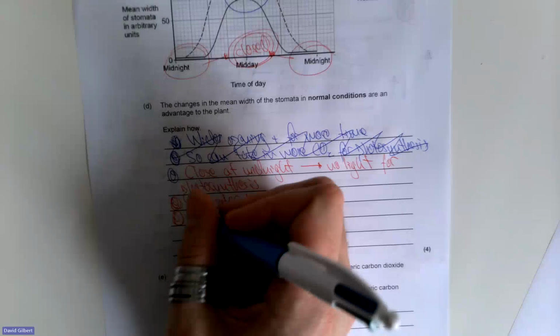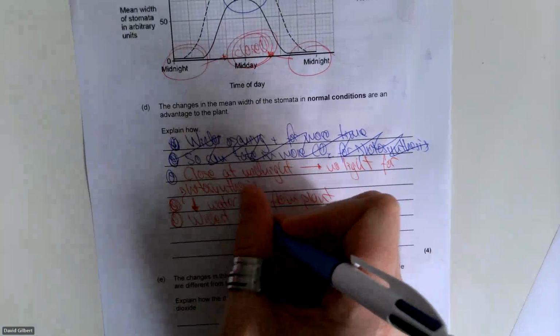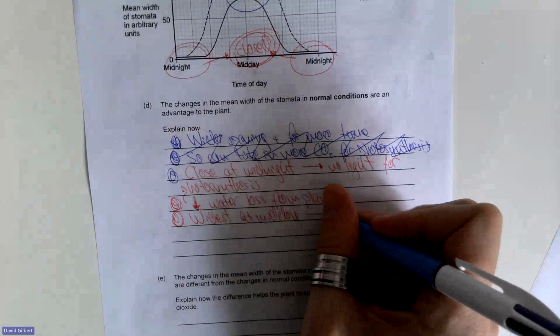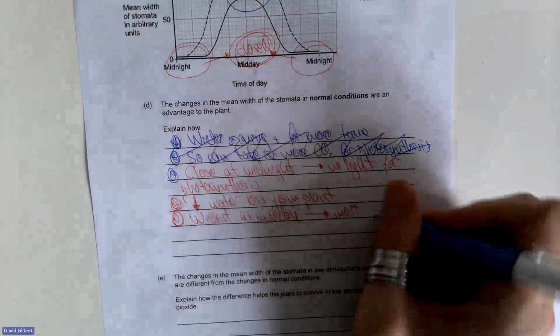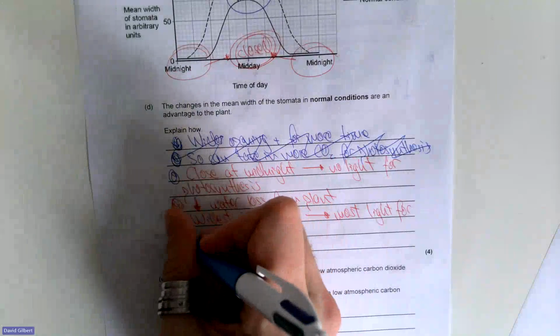Whereas if it's widest at midday, why is it widest at midday? Because that's the point where there's most light for photosynthesis.